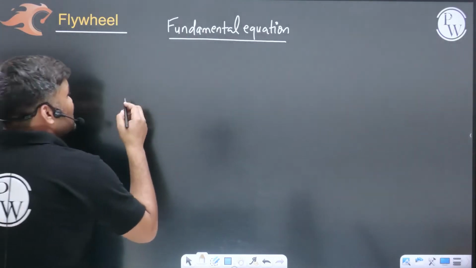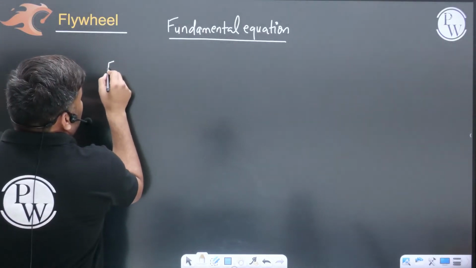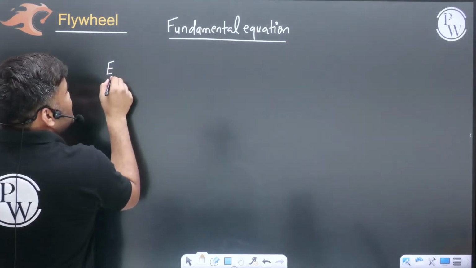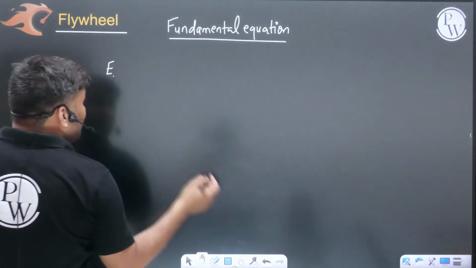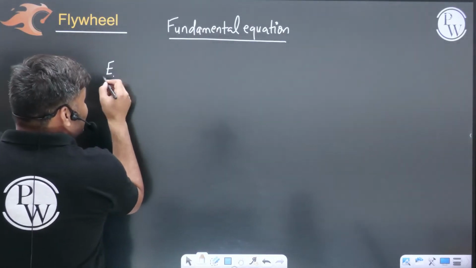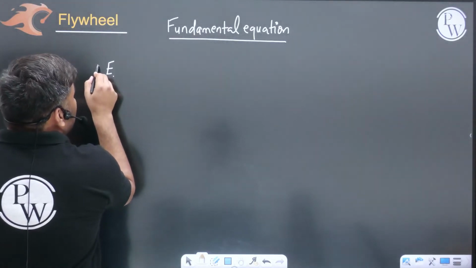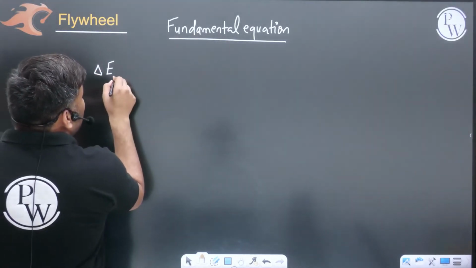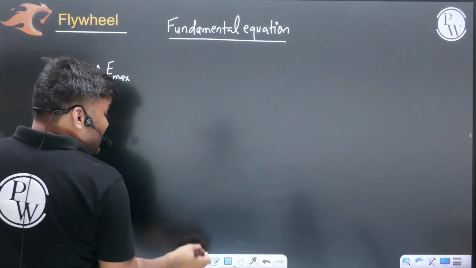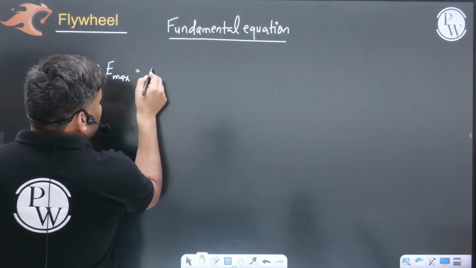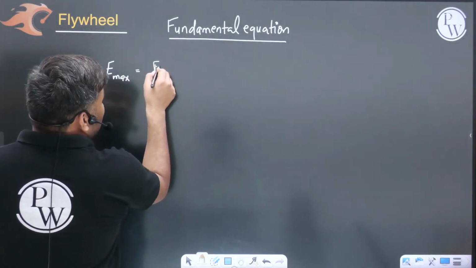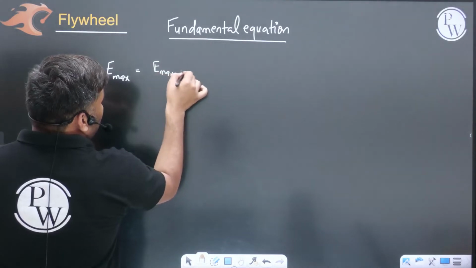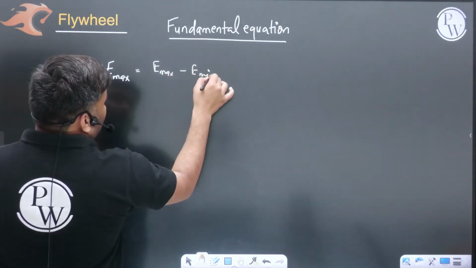What is the meaning of maximum fluctuations? Maximum energy minus minimum energy. This difference is what is called maximum fluctuation. Delta E max is equal to maximum energy minus minimum energy.